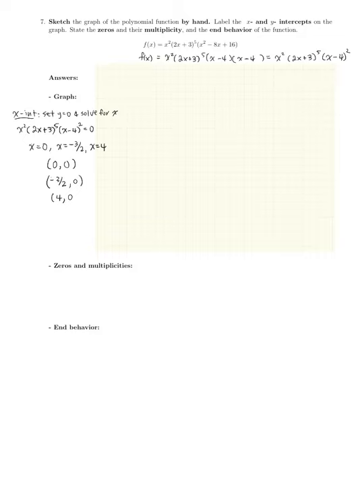And let's go with the y-intercept. Okay, so the y-intercept. So you're going to have to set x equals to 0 and solve for y. Alright, so if I do that, then you're going to get y equals 0 squared (2 times 0 plus 3) to the 5th, and then (0 minus 4) squared.